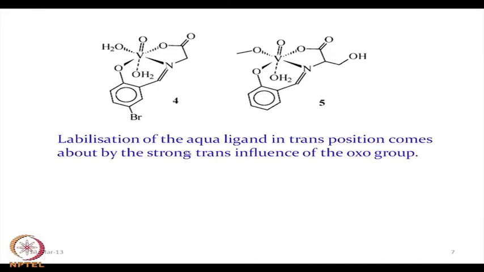So, the binding of this aqua ligand, if it is trans to this oxo function, can have some trans effect or trans labilizing effect from the oxo group. That means, it can labilize the water molecule which is trans to the oxo group bound to this vanadium and can remove it very nicely for binding the peroxide or any other incoming group at this particular site. That means, we basically enhance the reactivity pattern trans to these oxo groups of the vanadium center.